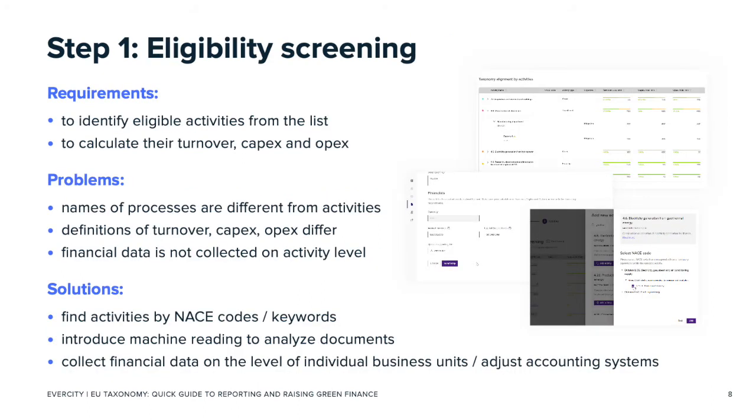Now, you start reporting. So what do you do? The first step and the first requirement, which we saw, is eligibility screening. Eligibility screening is understanding which of the activities that your company performs are in scope of the EU taxonomy.